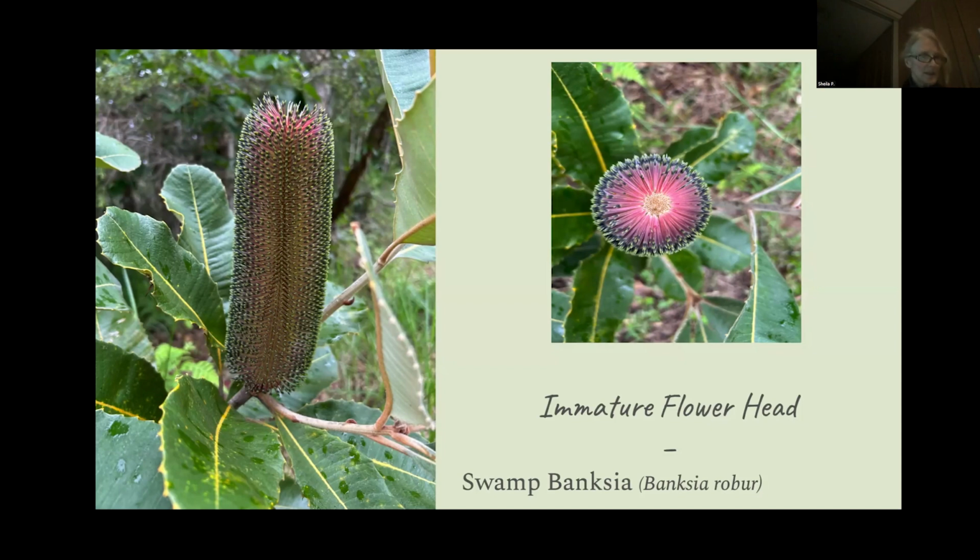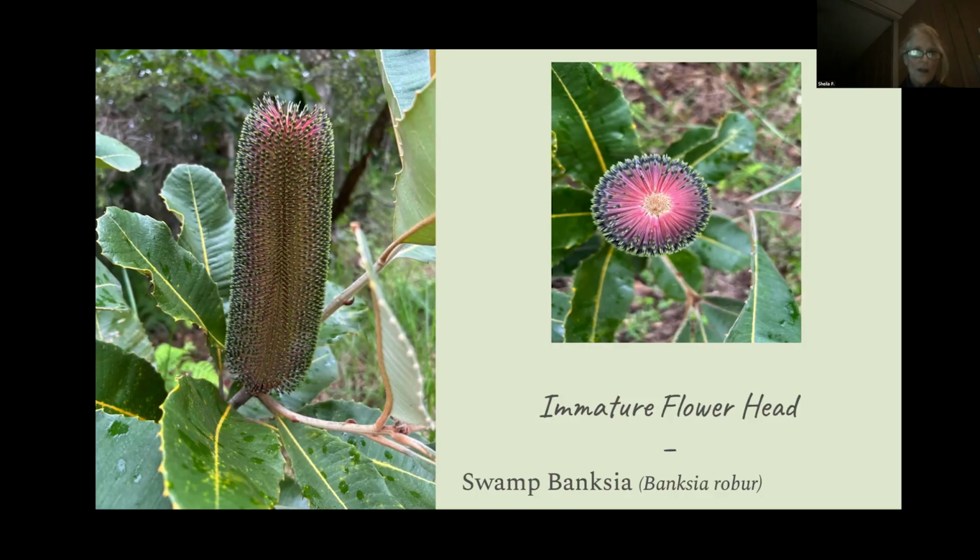There's one species, Banksia grandis, in Western Australia, that they've estimated contains about 6,000 flowers. Other species have hundreds of flowers.